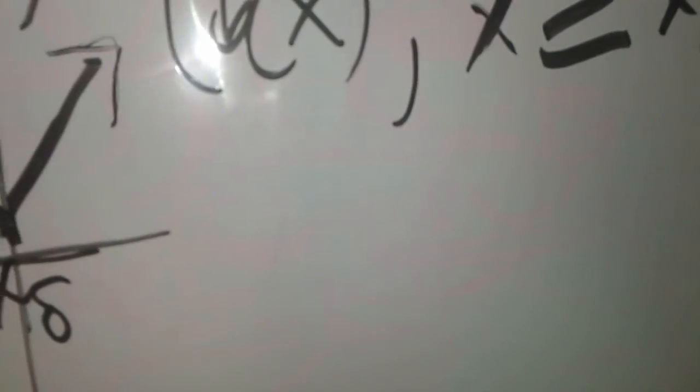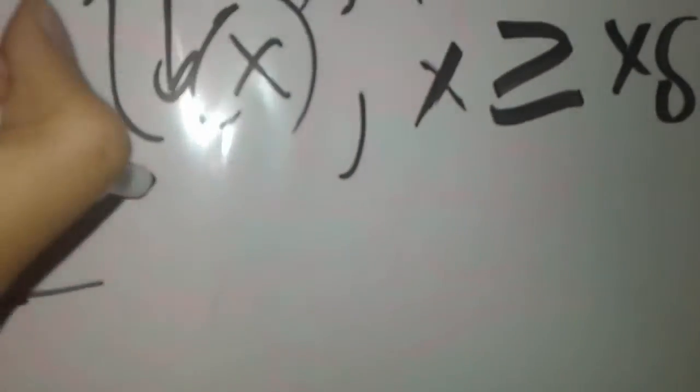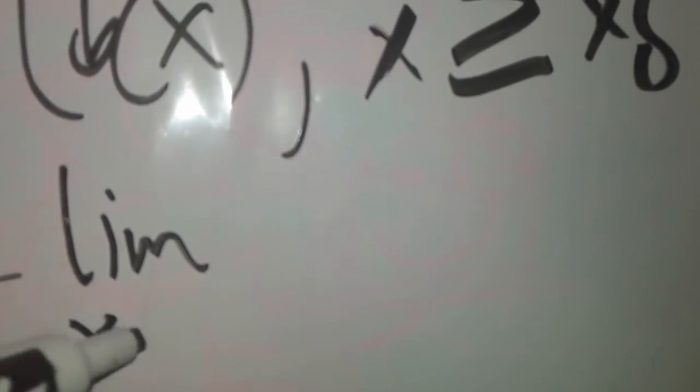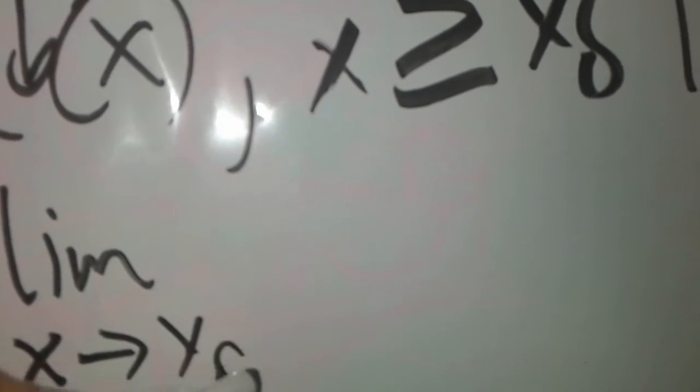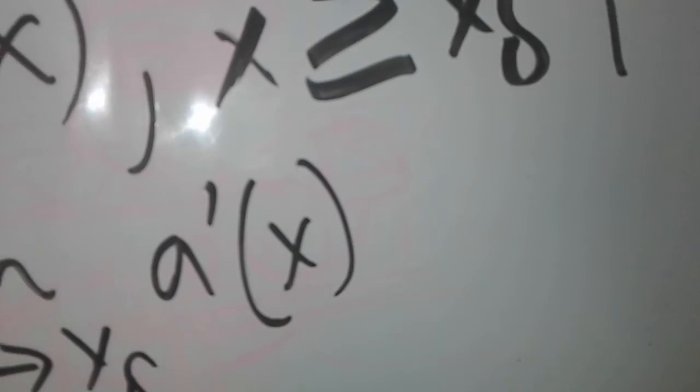In order to have one threshold point, it has to not be differentiable. And we can find that where the limit of the rate of change from the left and the right are different. So we can do limits, which is simply approaching y values, but there's a lot more complications with that, where x approaches x sub delta from the left of a prime of x.